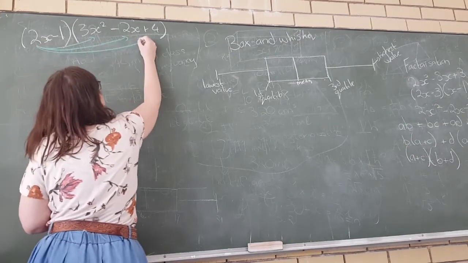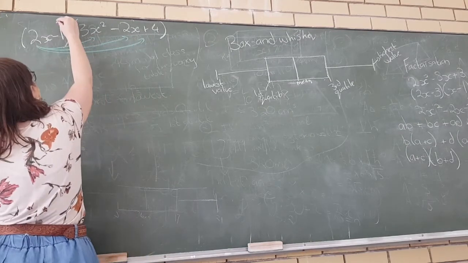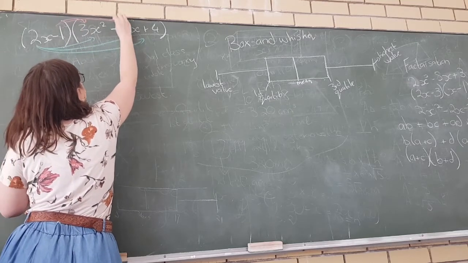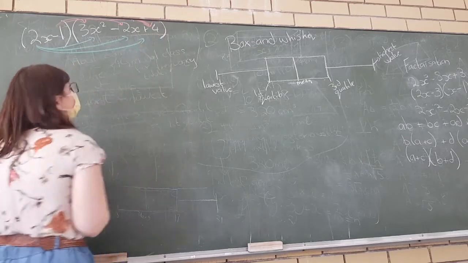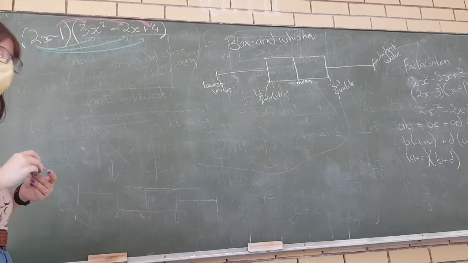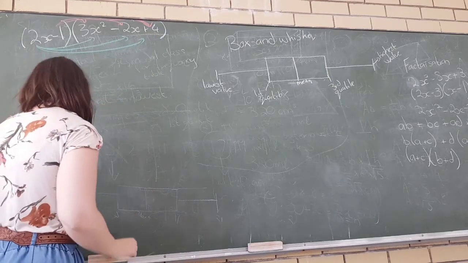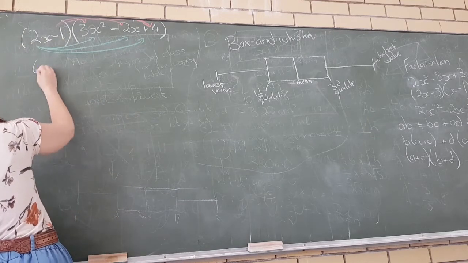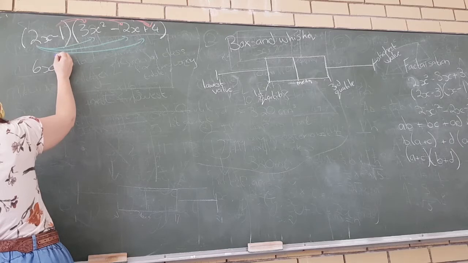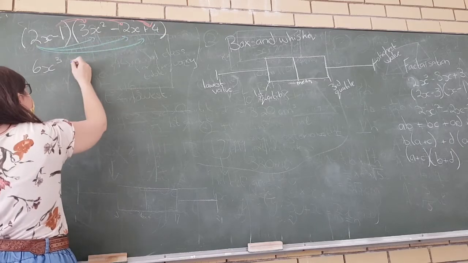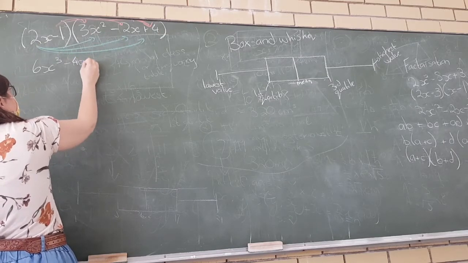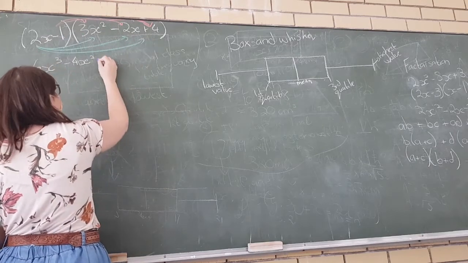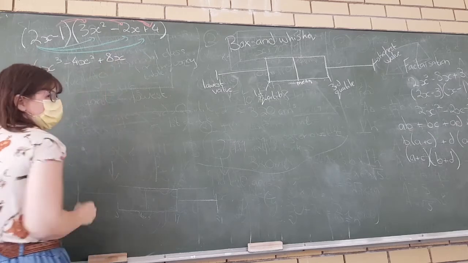And then I multiply the second one. Do you see how I did that? Alright, so now I have 2x times 3x squared gives me 6x cubed. My next term gives me minus 4x squared. My last one gives me plus 8x. Are you happy so far?